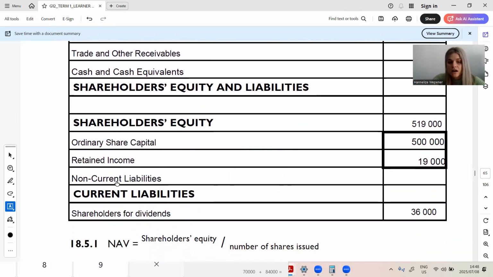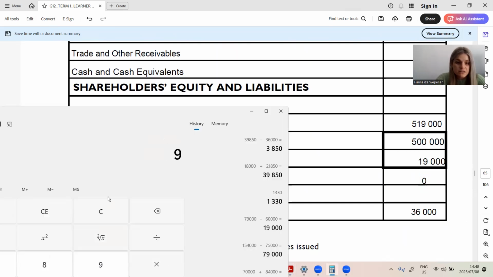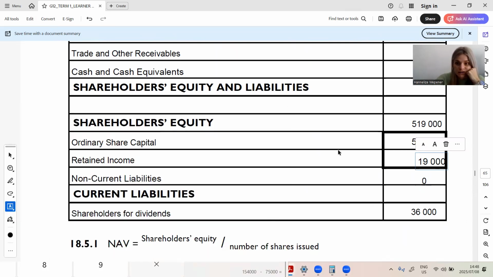So in order to now complete our SFP, we're just going to balance our SFP. We're going to say that we have all of the amounts for the shareholders' equity and liabilities, because they didn't say anything about long-term loans, so we don't have non-current liabilities. So we're going to say that we had 519,000 for our equity. Then for our liabilities, we only had that shareholders for dividends. So that's 555,000 Rand.